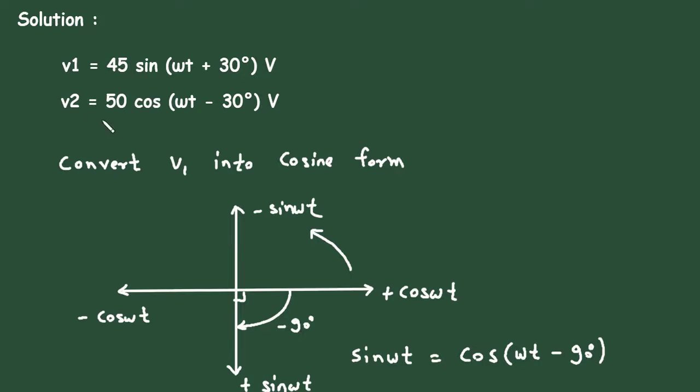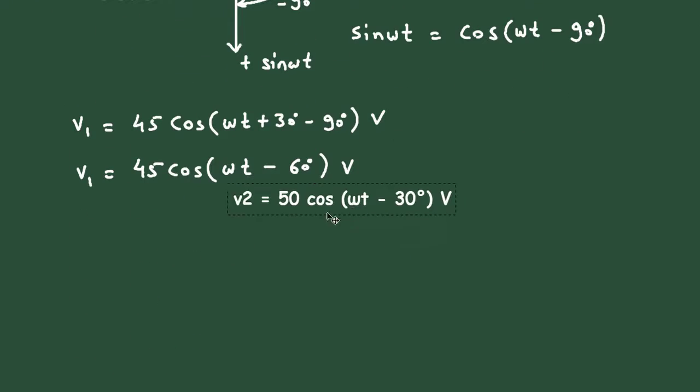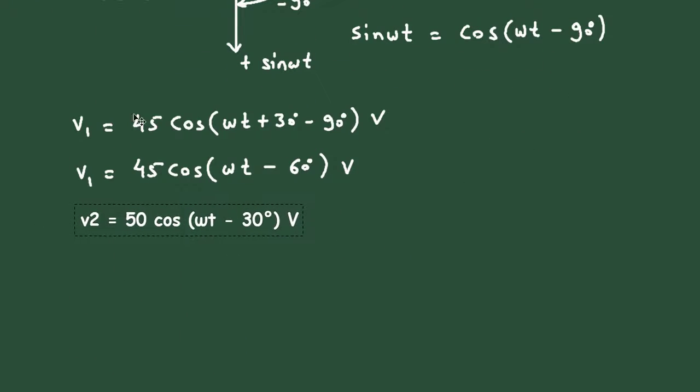Now this V2 we can write as it is because it is already in the standard cosine form. Let's say this is equation number 1 and this is equation number 2.